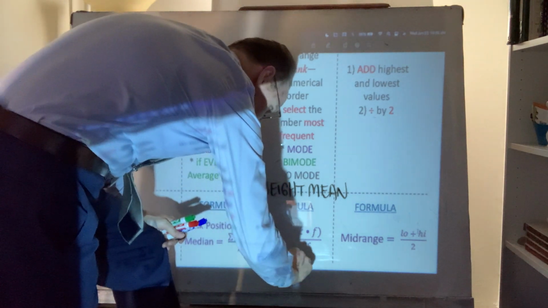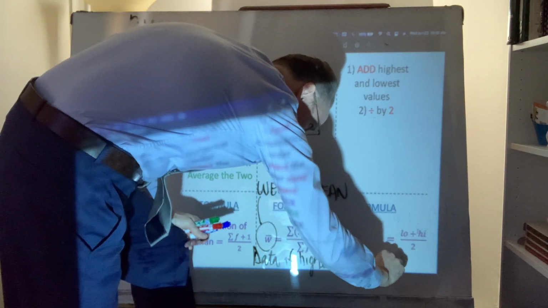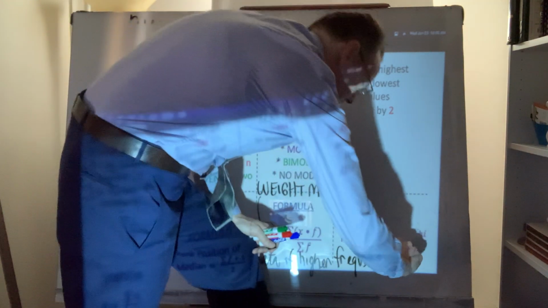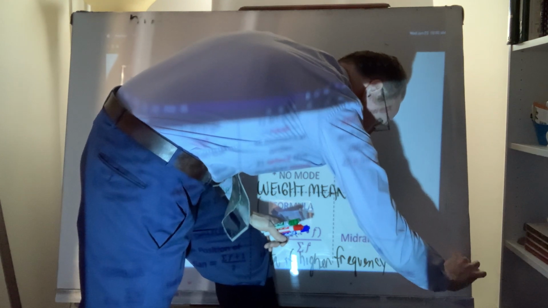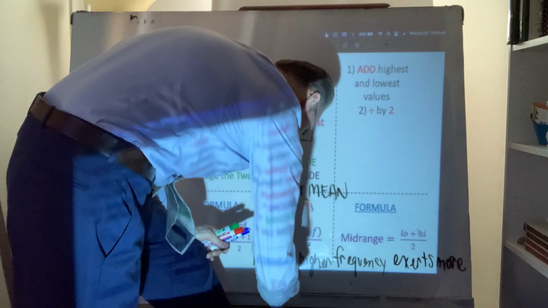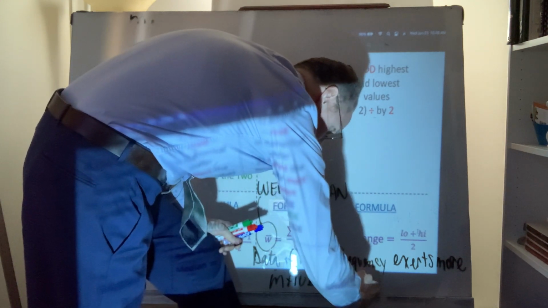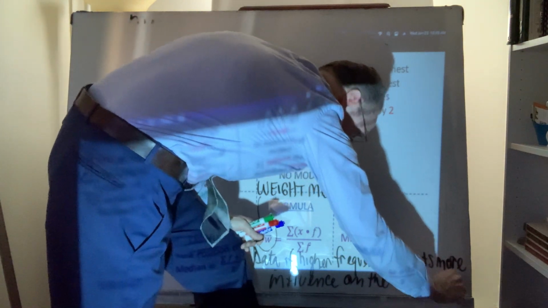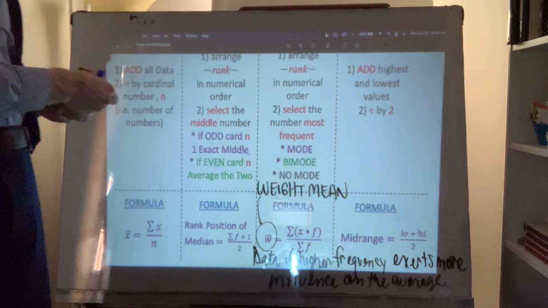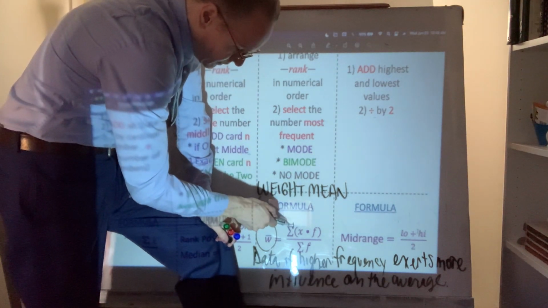Data of higher frequency that is recurring exerts more influence on the average. That's intuitive, right? So what this means is you're going to sum, that's the sigma there again.